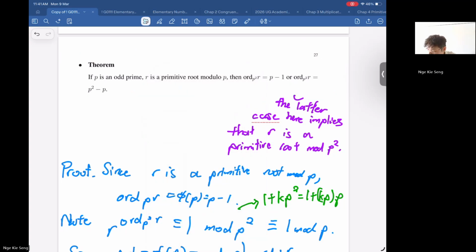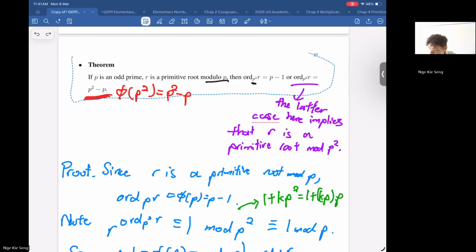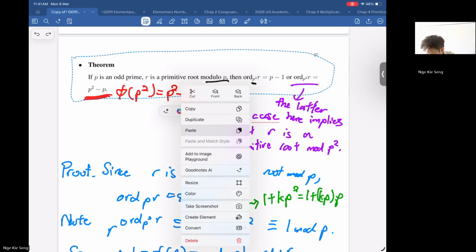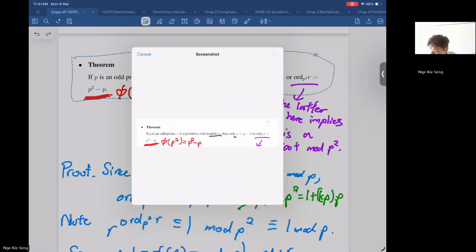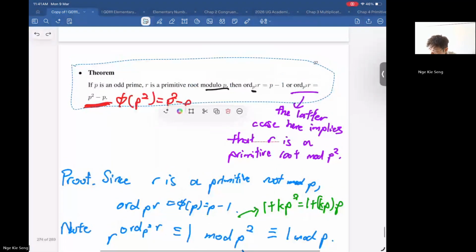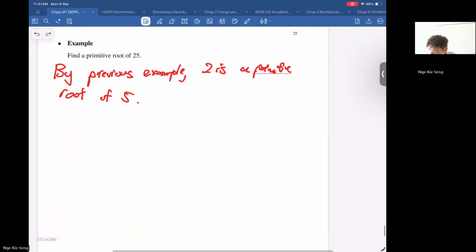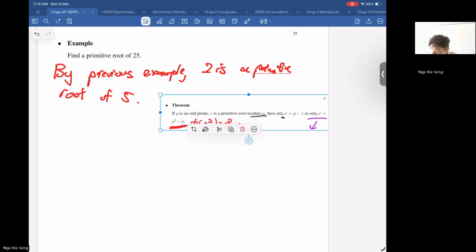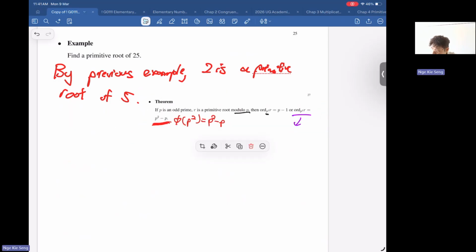Easier. So if the order of 2 mod 25 is p squared minus p, then we found a primitive root of 25.